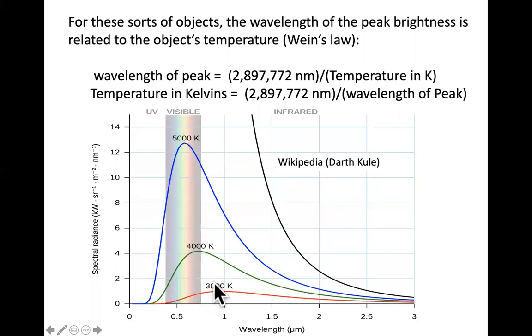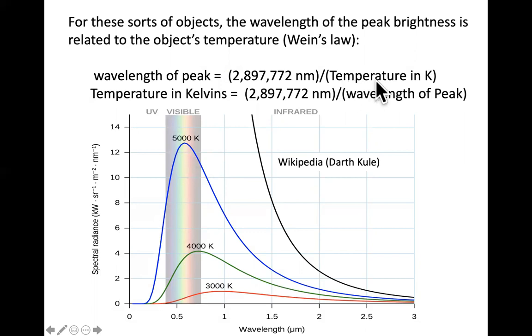If you have something that is very hot, the peak is in the middle of the visible range, or even in the ultraviolet. But as you go to lower and lower temperatures, the peak shifts to longer and longer wavelengths. And there's in fact a formula for that. The wavelength of the peak is a number divided by the temperature in Kelvin.